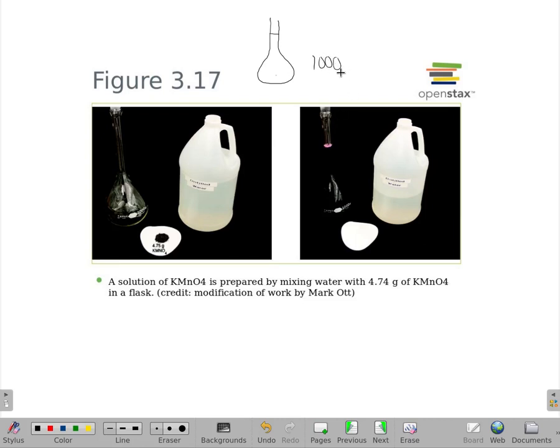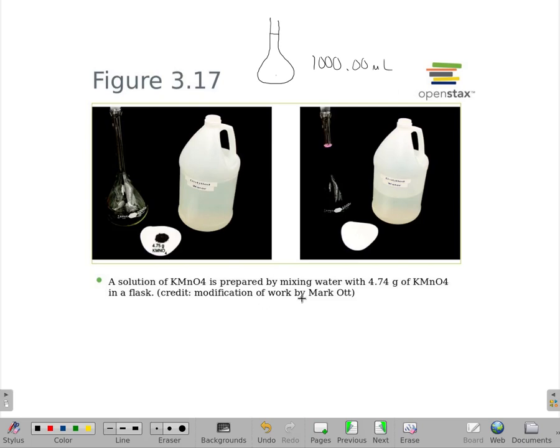Well, if it's a properly calibrated volumetric flask, it's actually calibrated to be 1,000 with 2 decimal points milliliters, at least in most cases. Almost all the ones we have in the chemistry lab at our school are that accurate. We do have others that aren't, but the ones that the students get to use are pretty darn accurate.